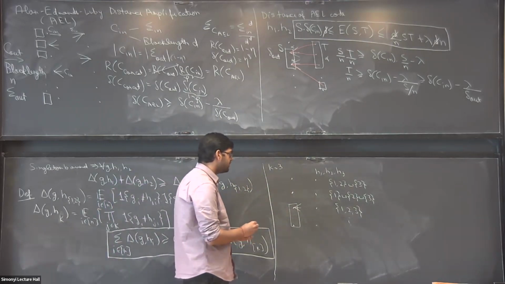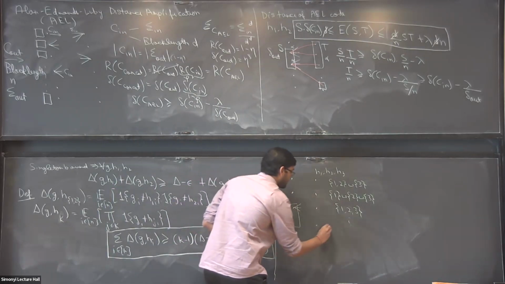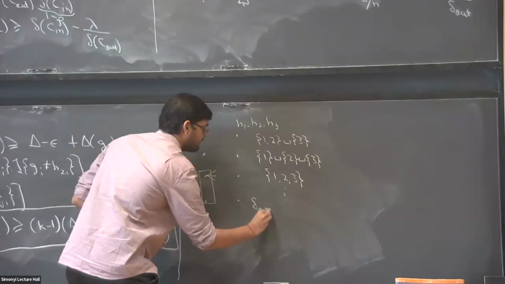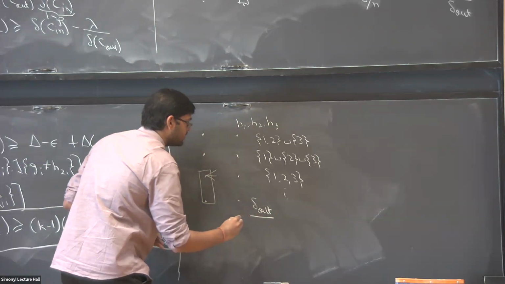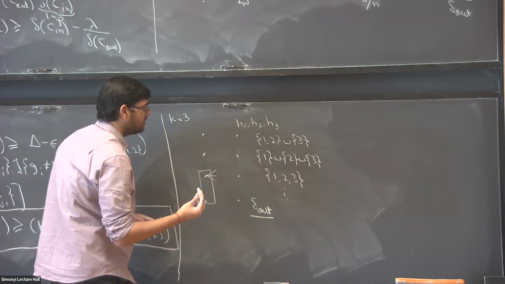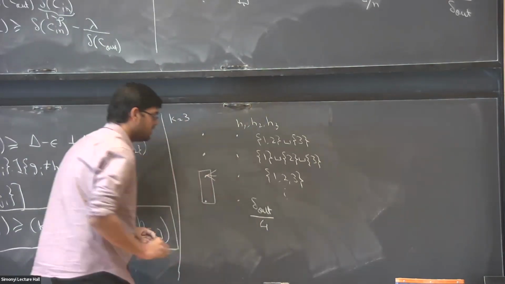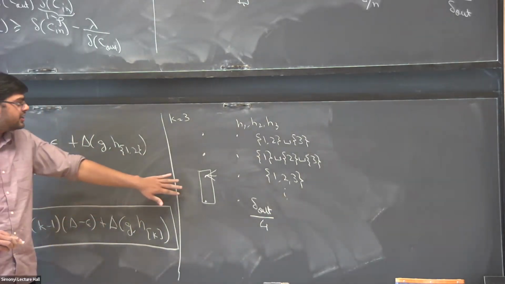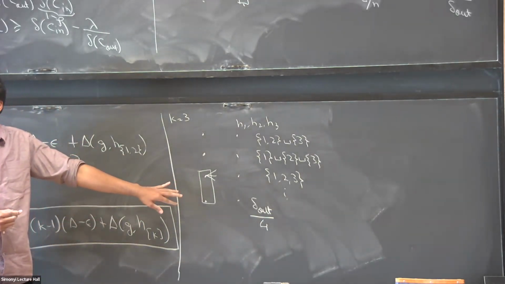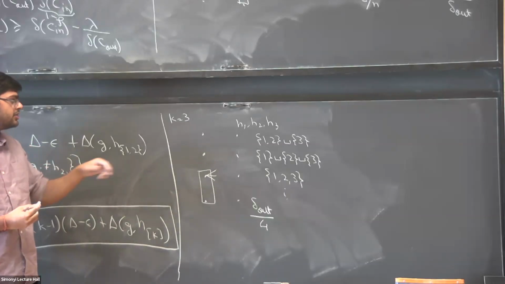How many partitions are there? 3, 4. So at least delta out over 4 fraction of vertices will have a common partition of size more than 2.